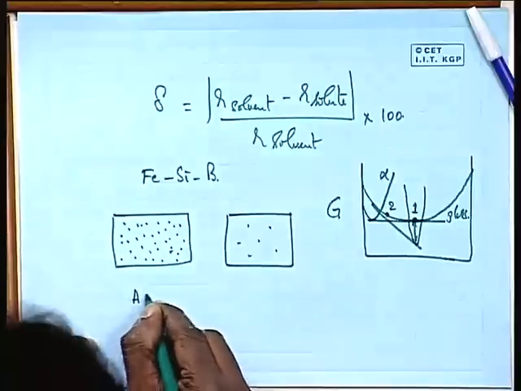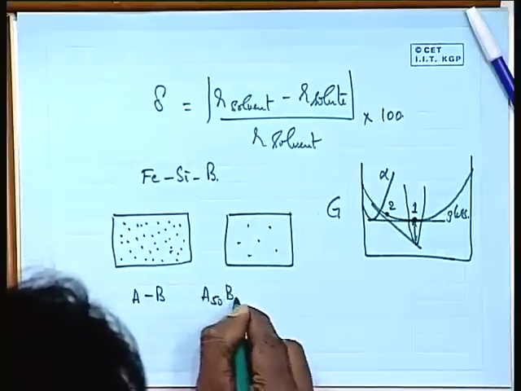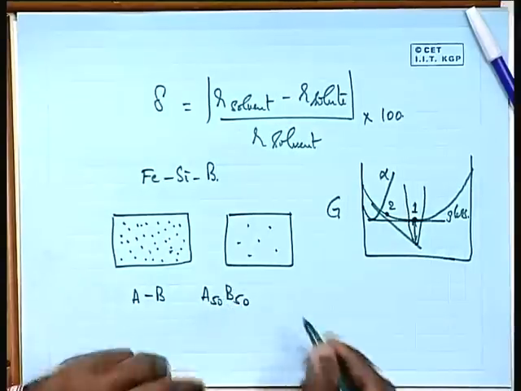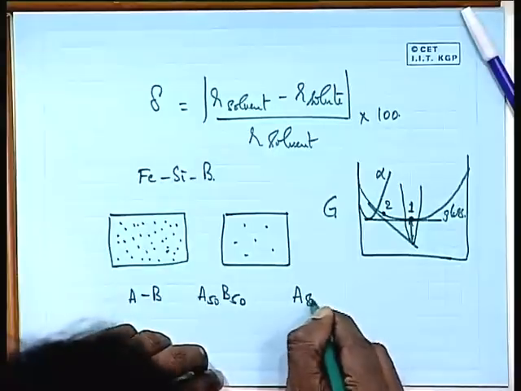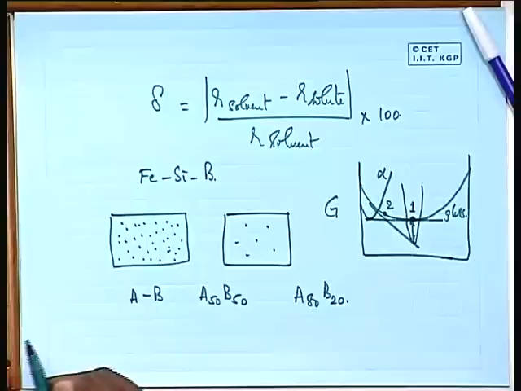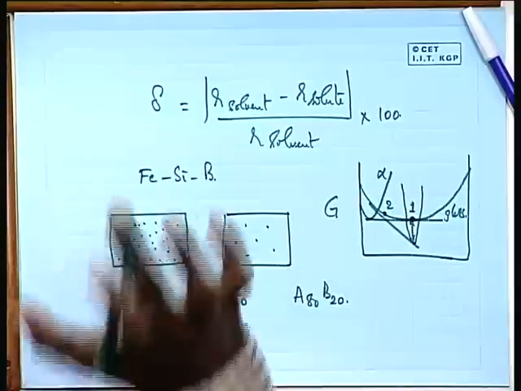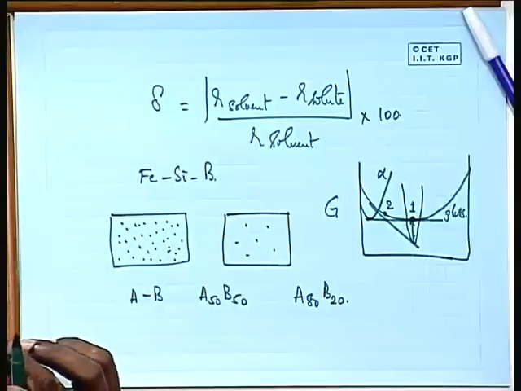Let us say you have an AB kind of system, the intermetallic is A50 B50, and your starting glass composition is A80 B20. From this A80 B20, it is impossible to get 100% of an intermetallic compound having A50 B50, isn't it?